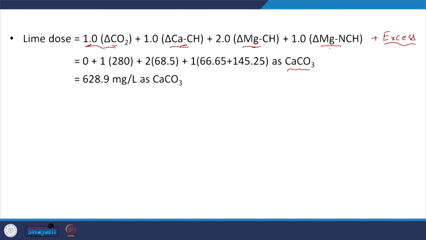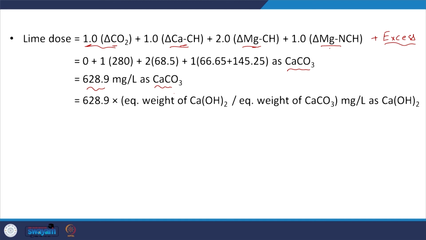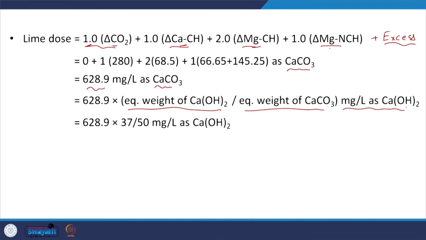Let me move on. So this is the amount of lime that has to be added as CaCO3 to remove the relevant hardness. And then we want it in terms of Ca(OH)2 concentration. So equivalent weight of Ca(OH)2 by equivalent weight of CaCO3, then the units are going to be milligram per liter as Ca(OH)2.